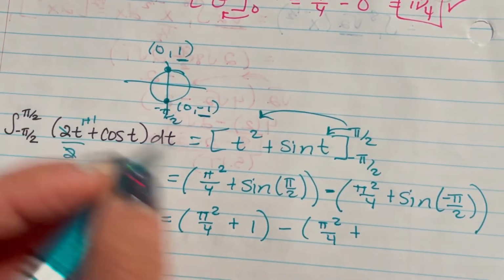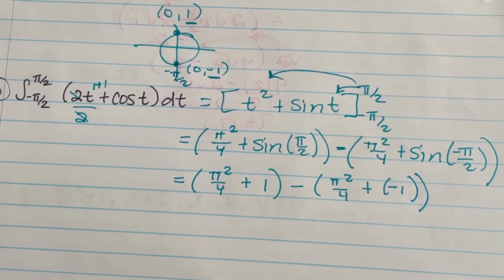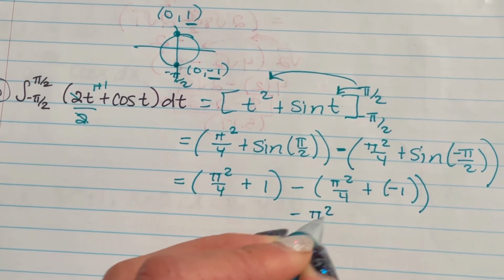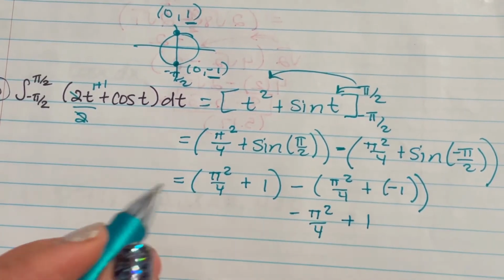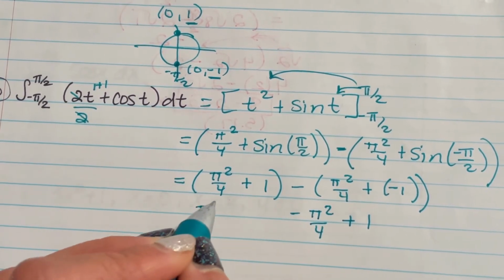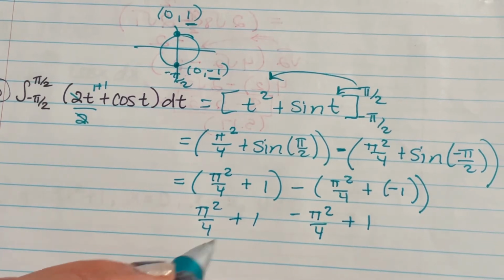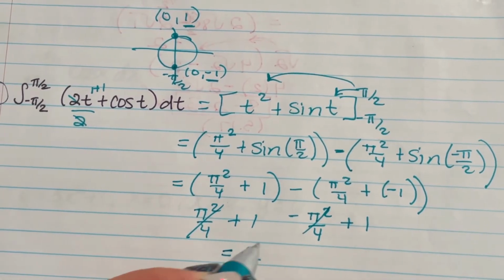So the sine would be negative 1. Okay, let's distribute this minus sign. So it would be minus pi squared over 4, negative times negative is positive 1, and then we'll have pi squared over 4 plus 1. Hey, pi squared over 4 minus pi squared over 4, those cancel out to 0. 1 plus 1 is a 2.